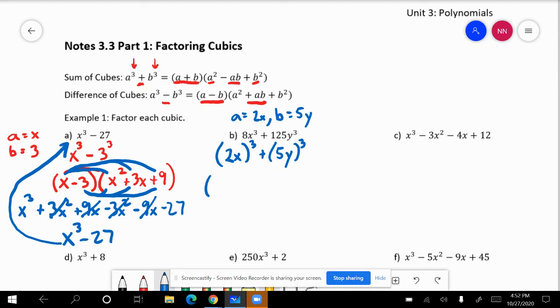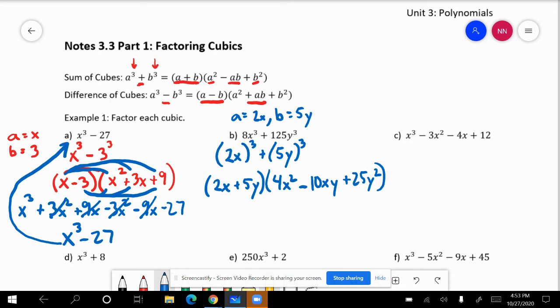So our answer is 2x plus 5y, 4x squared. When we square the 2x, that's what we get, minus 2x times 5y is 10xy. And then when we square 5y, that gives us 25y squared.